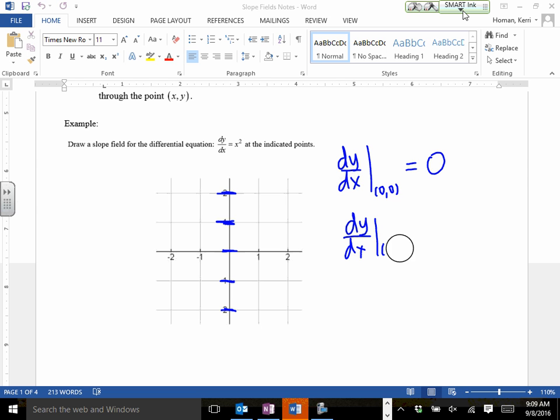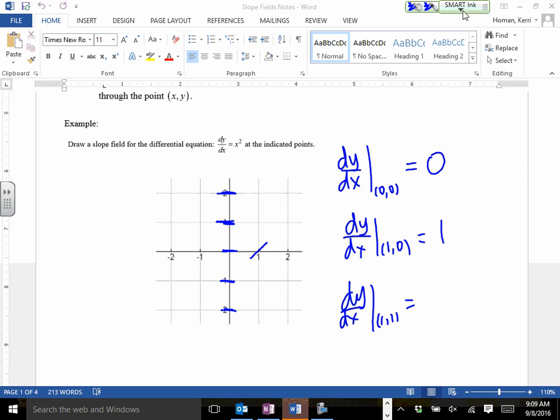Now let's move to the actual 1, 0. What is that slope? 1. Okay, if you want to use a ruler to make these, you can. But if you think of a slope of 1, it would need to look like that. Okay, dy dx evaluated at 1, 1.